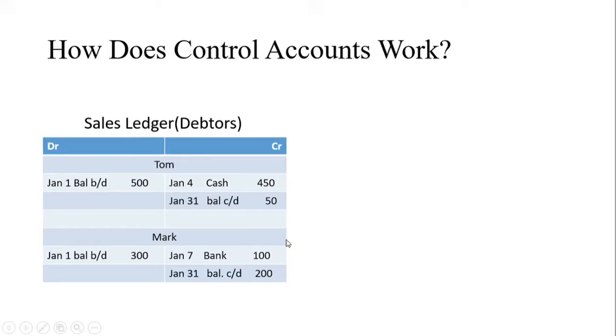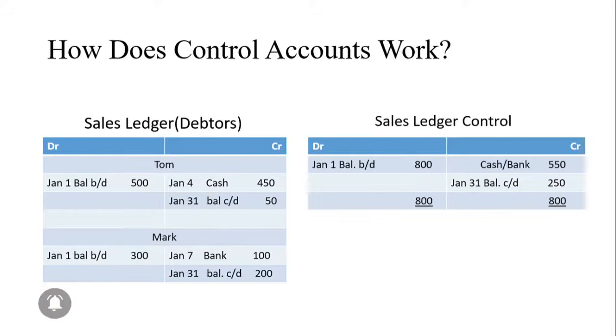So let's look at how we would record it in the control account. The control account, as I said before, adds up all the totals or all the balances or all the items that are in the ledgers. So if you look here, this is my sales ledger control account. It has a debit side and a credit side, and we're going to talk about that in a little while.